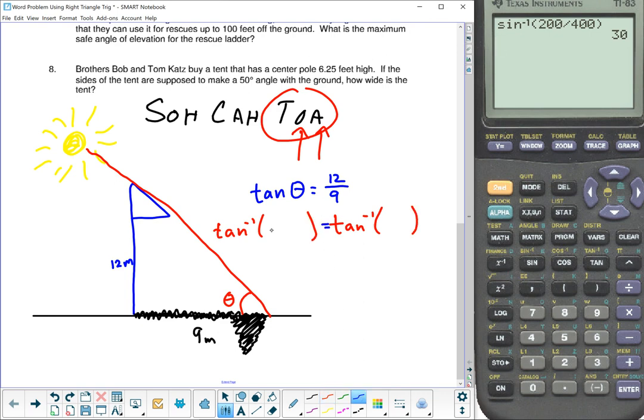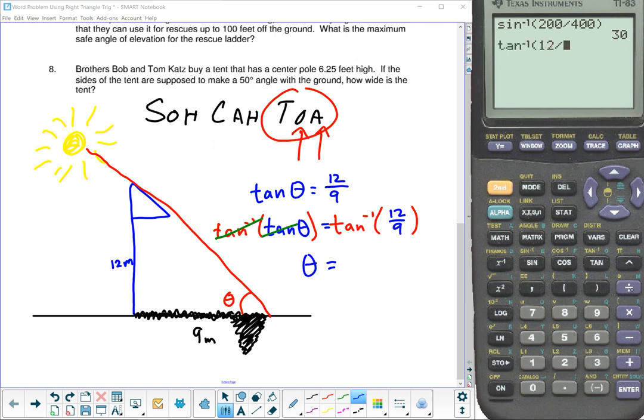So tangent inverse of tangent theta equals tangent inverse of 12 divided by 9. And yes, you can reduce 12 over 9, but again, I'm kind of lazy tonight. Getting close to my bedtime. So I'm going to leave it to the calculator and type in tangent inverse of 12 divided by 9.